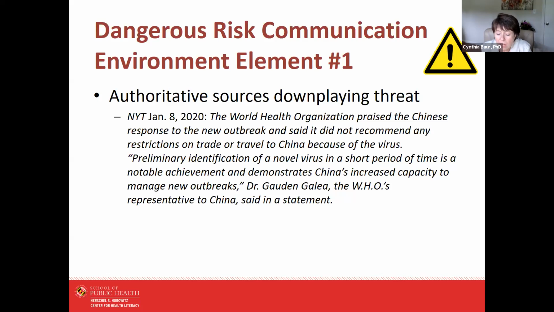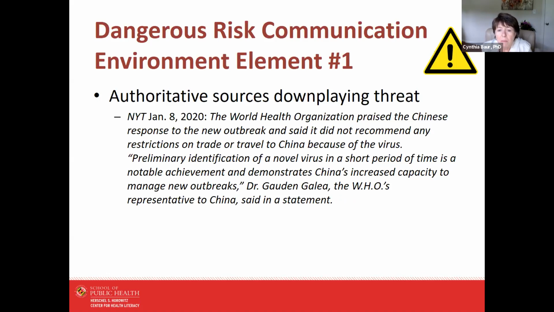And at least in terms of 2020, the first reference I found in leading media in this country was the New York Times on January 8th, 2020, where there was a story that was referring to the World Health Organization statements about the Chinese government's response to the outbreak. And there's a statement from the WHO representative to China about this situation.